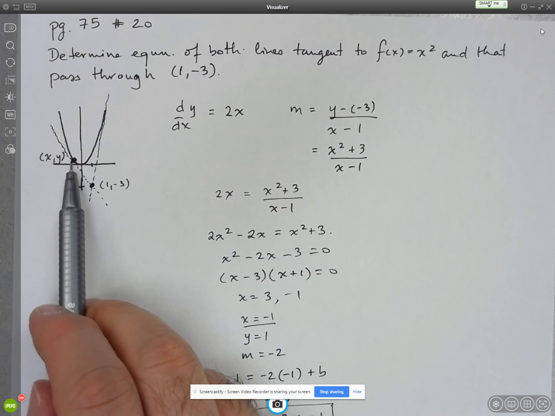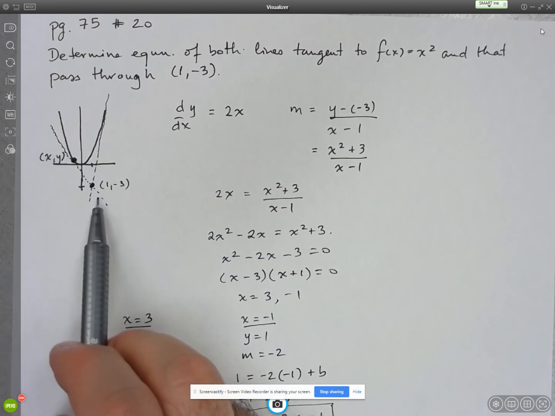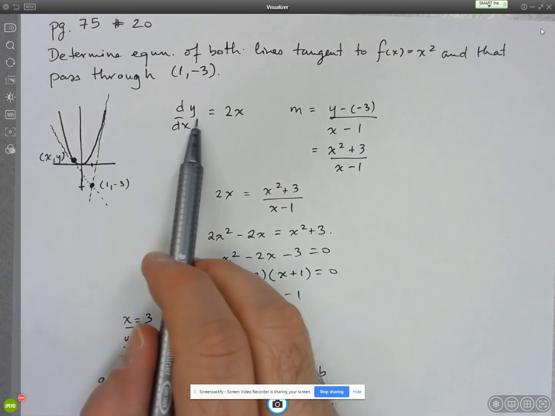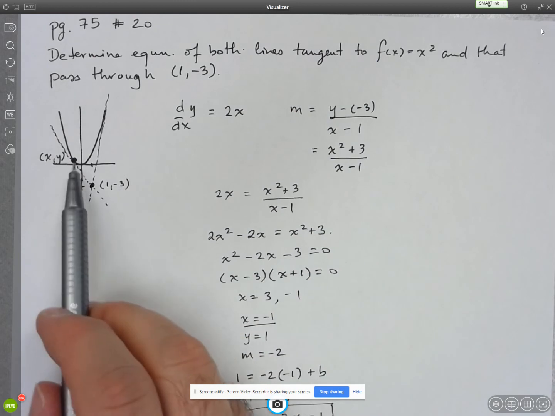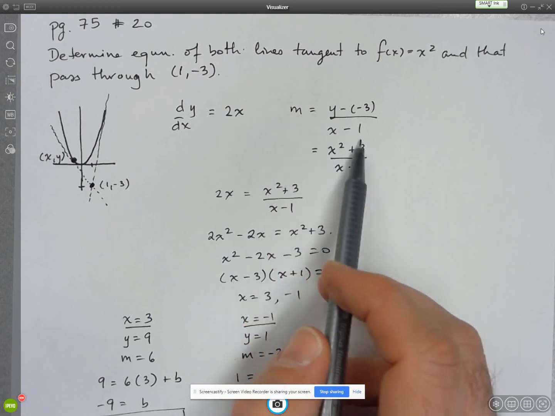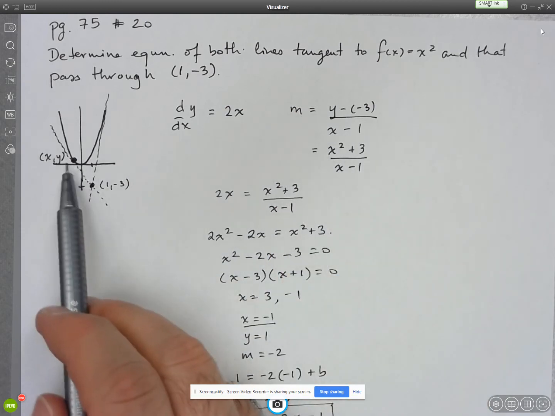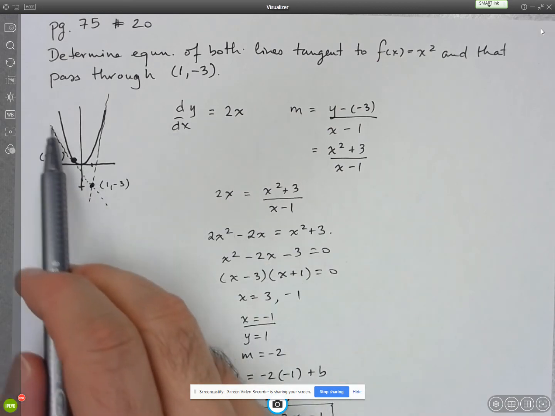And so we used the fact that there were two ways to determine the slope of this line. One was to use the derivative, and the other was to use the slope formula with the point on the curve, which was an unknown, and the point that was given. And from there, we knew that the slope given by the slope formula needed to be exactly the same as the slope given by the derivative formula.